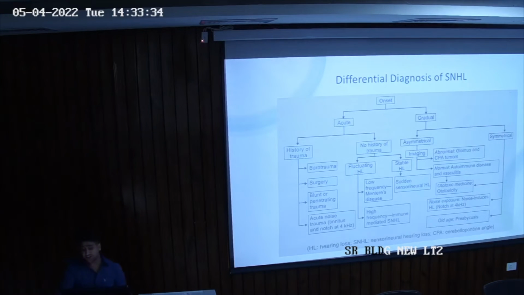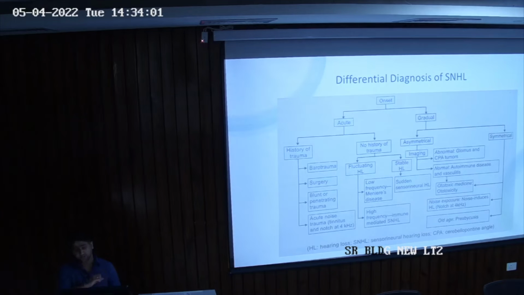And if they are saying it is gradual, then we have to determine whether this is asymmetrical or symmetrical. By symmetrical, you mean that it is equal on both sides after documenting it. Documenting it with what? Pure tone audiogram, and if required, tympanometry.